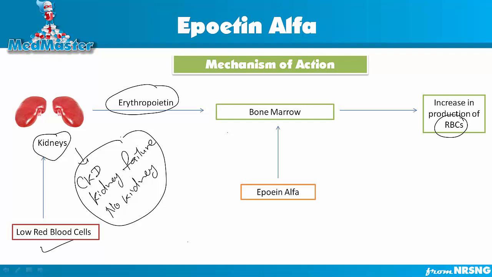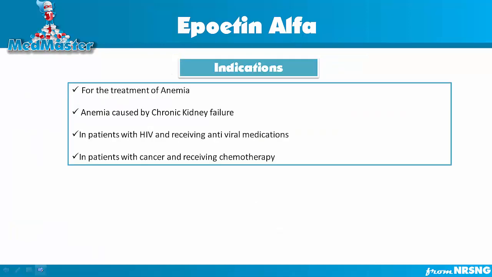Then the bone marrow will not be able to produce more red blood cells. In that case, we give this Epoetin Alfa, and Epoetin Alfa will stimulate the bone marrow instead of erythropoietin to increase the production of RBCs. So it's basically given for patients who are chronic kidney patients and have low red blood cells.